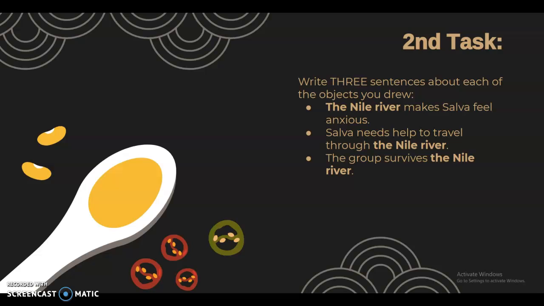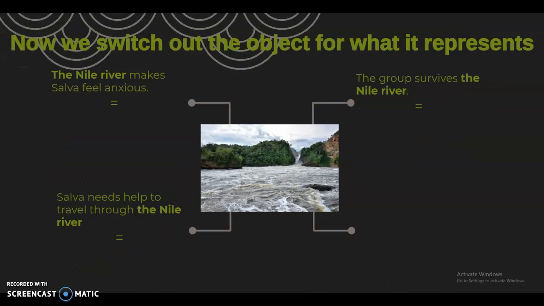Okay, now that you're back, these are my examples. Okay, so these 3 sentences here are the examples from the previous slide. Okay, so what we're going to do now is we're going to switch out the object for what it represents. So the Nile River makes Salva feel anxious becomes adversity makes Salva feel anxious.